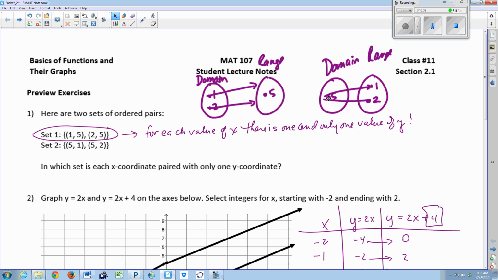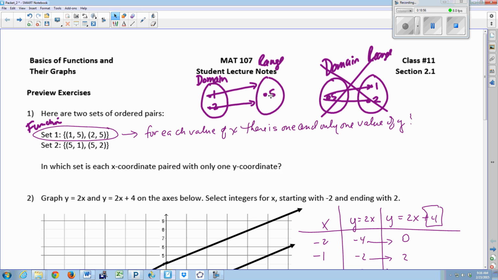No. So this is not a function. Here's 1. Does 1 have exactly one output value? Yes. Does 2 have exactly one output value? Yes. So number 1 is a function, and number 2 is a relation. In fact, number 1 is also a relation, but it's a special relation called a function.